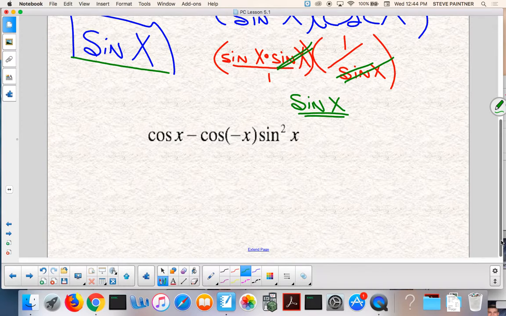Noah, anything? Anything I can do up there? You can make cosine of negative x into cosine of positive x. Okay, yeah, it's an even function, and look at your identities. It does say right there, and I tried to show you why this works, but cosine of negative x is really just the same as cosine of positive x times sine squared.